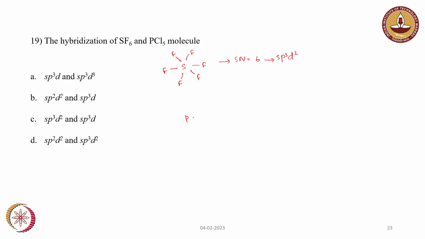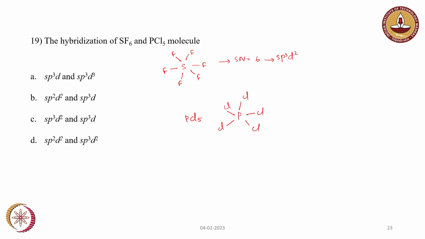And for PCl5, phosphorus is in the nitrogen family, so 5 valence electrons, and it's bonded to 5 Cl. So there are 5 bonds formed.